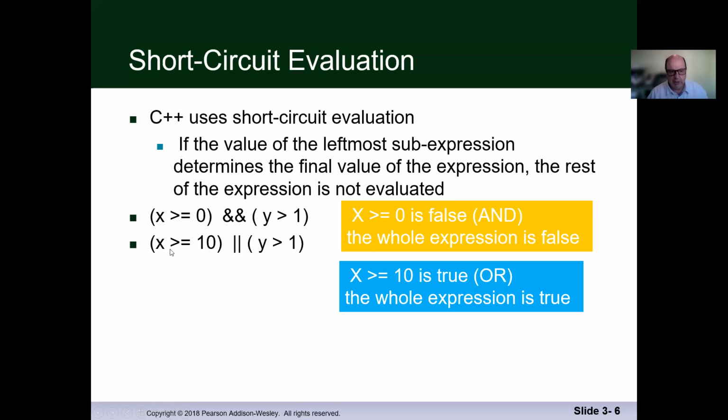As far as x is 10 or above, because I have an equal sign. If it was just x greater than 10, the 10 would not be acceptable. But because we have greater than or equal to 10, as far as x is 10 and above, it doesn't matter what y is, the whole thing becomes true.